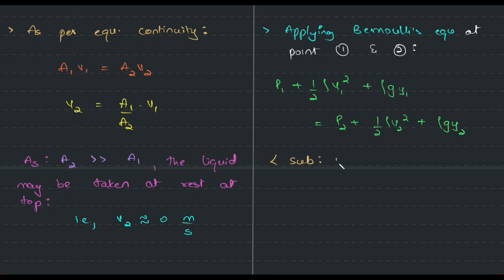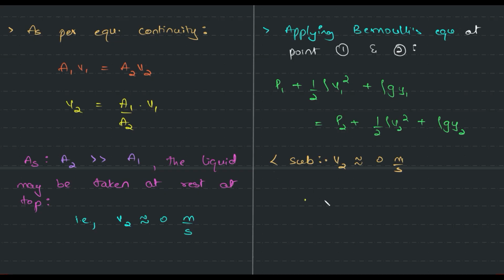First thing is, let's substitute v2, which is almost equal to 0. So this will go to 0 meter per second.